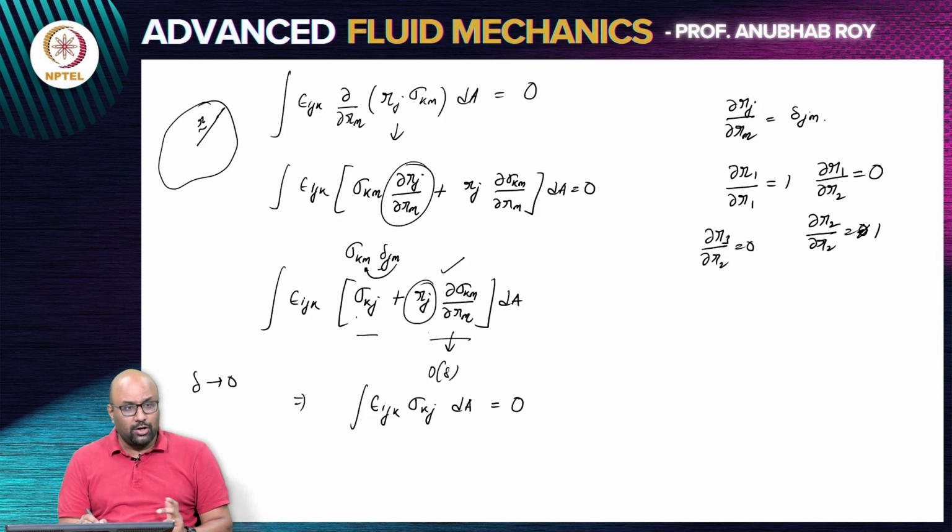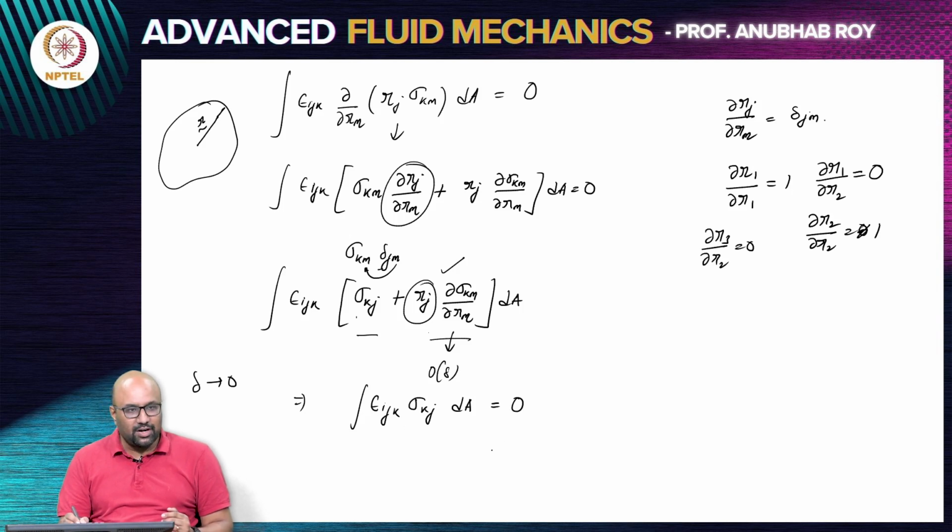Now this should be true irrespective of whatever is the volume that you have considered, whatever is the surface that you have considered. Nowhere have I tried to say what the shape is. It could be the tetrahedron that we were doing, it could be some other shape. It is agnostic of what shape you are considering.